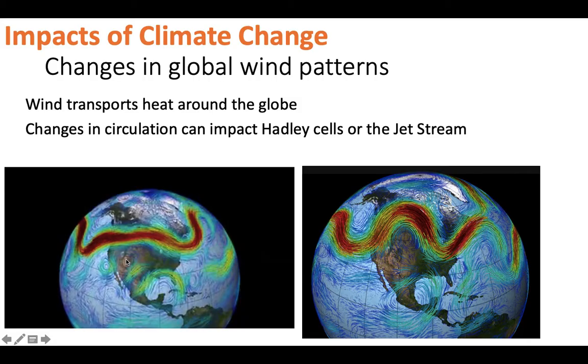I like to think about it like if you have a piece of rope on a table and you push it slowly, it will stay pretty straight. But if you try and push it really fast, boom, it will all bunch up like this. And that's what's happening: this increased temperature is putting more energy into this, which is causing it to bunch up. And what that means is, you may have heard about the polar vortex, which is a circular wind pattern of cold air at the North Pole.